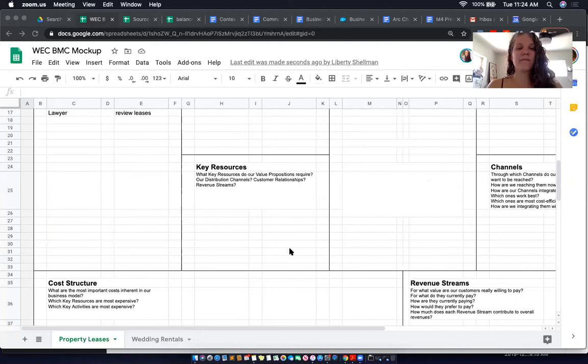Those are other resources. Yeah, so you're totally on the right track with that. It's what costs resources, whether human or money or otherwise, to actually make this happen.